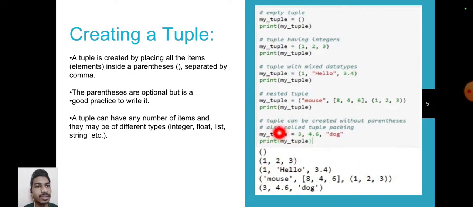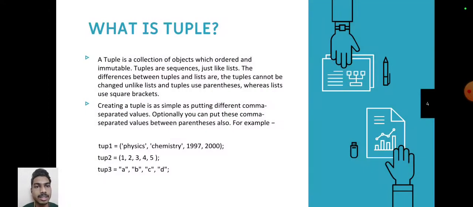We can also see that a tuple can be created without parentheses, which is also called tuple packing. Here's an example. my_tuple is equal to 3, 4.6, double quote dog. Print of my_tuple, it prints as a tuple. In the previous case we can observe that there are no parentheses.